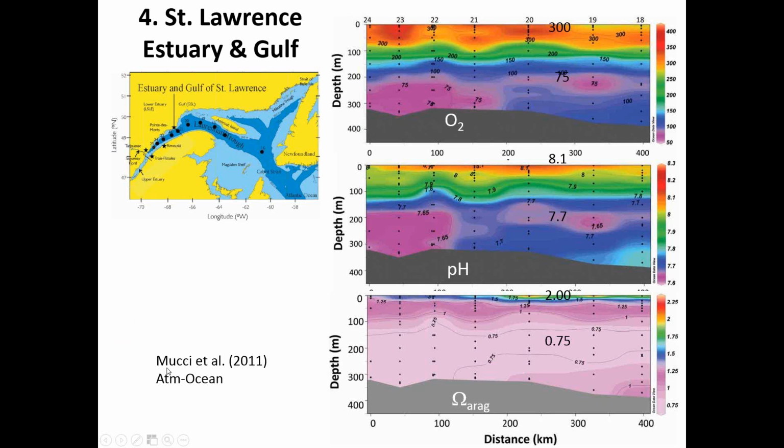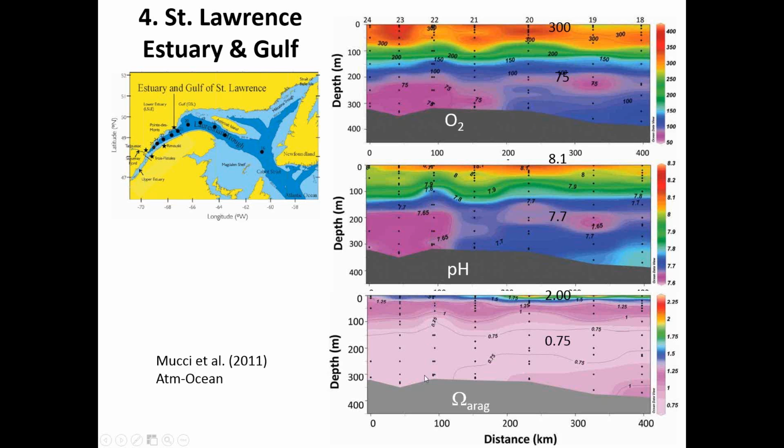This is a very nice paper published by Mucci and co-workers. In the St. Lawrence estuary, oxygen has become very low in the last several decades, and you can see a very nicely correlated low pH zone, and then there's a low carbonate saturation.